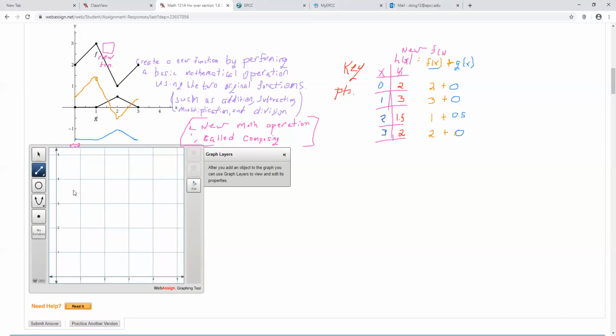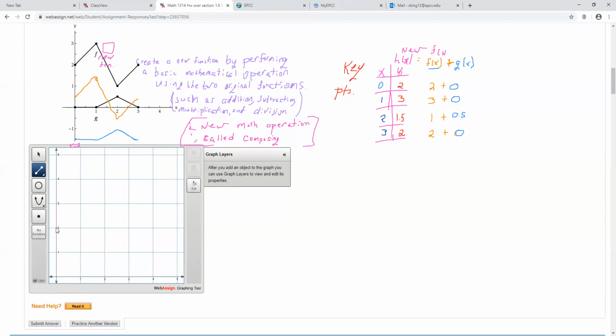And now we start, and the first point is, so right here is x equals 0. And by adding the first function plus the second function, we have created the new mappings to give us the graph of the new function h of x. And now we just plot those points.